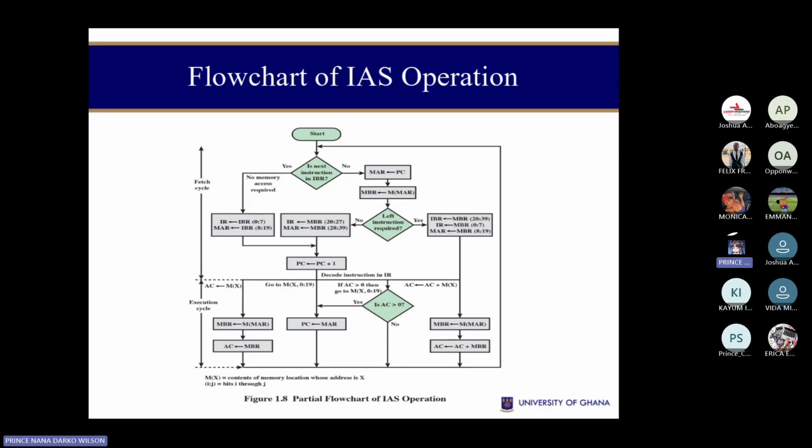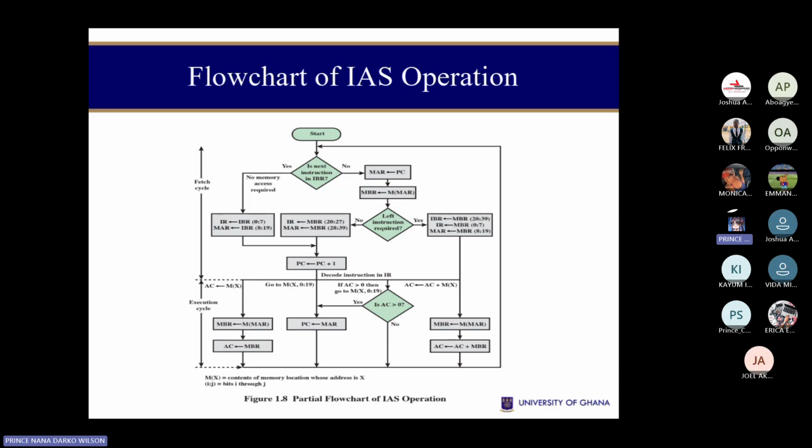This is important, so let's look at it. If you are given an instruction, the instruction starts from a starting point, and then it checks for the next instruction in the instruction buffer register. If the instruction that is supposed to be executed has been fed to the instruction buffer register, we will go down this lane.